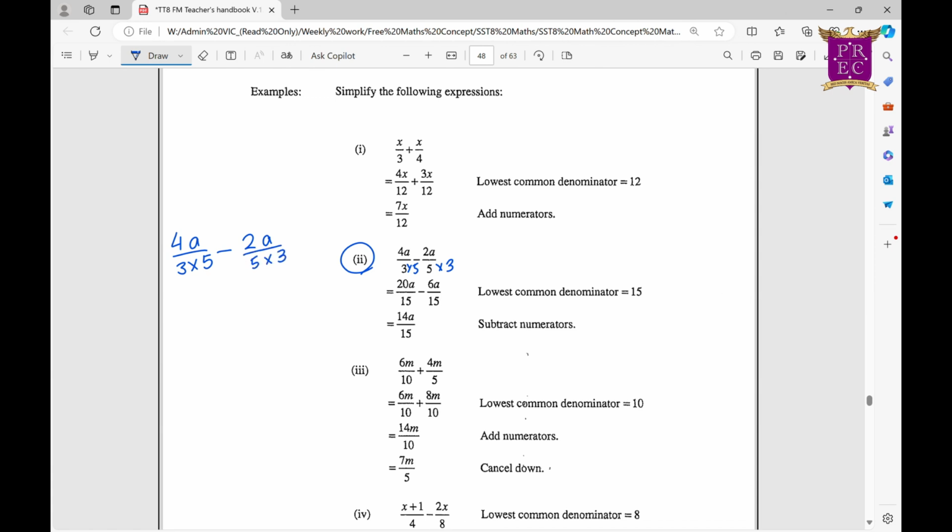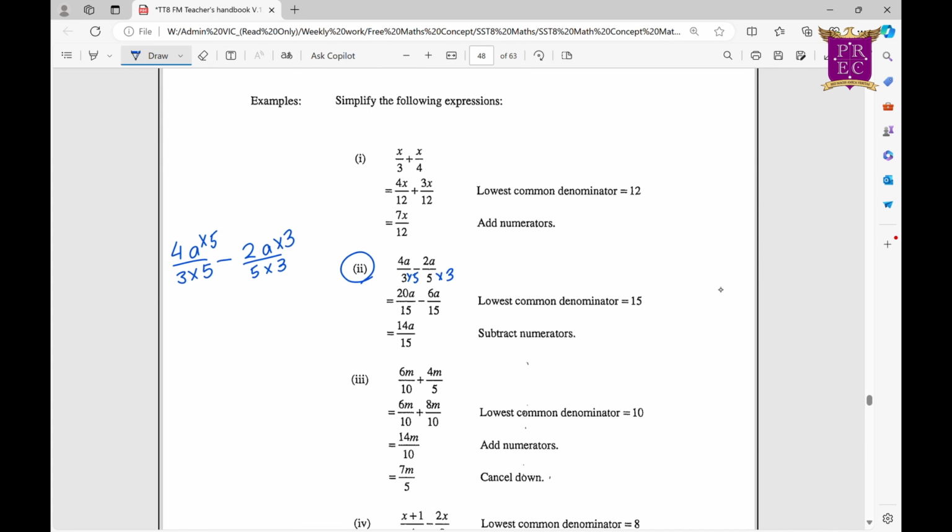But again, whatever we do to the denominator, we have to do to the numerator. So that becomes times 5, and that becomes times 3. And you're just changing the coefficient. So 4 times 5 is 20a over 15 minus 2 times 3 is 6a over 15.